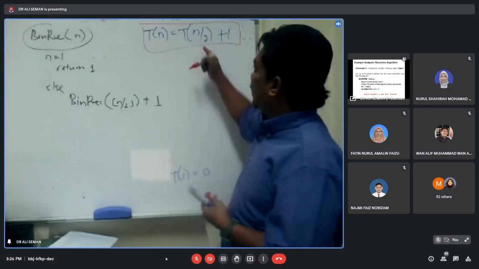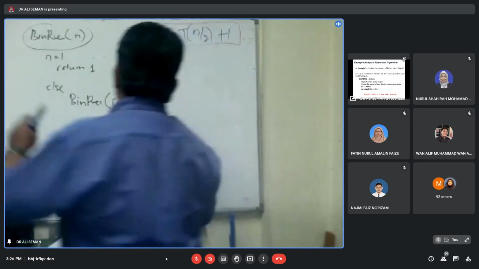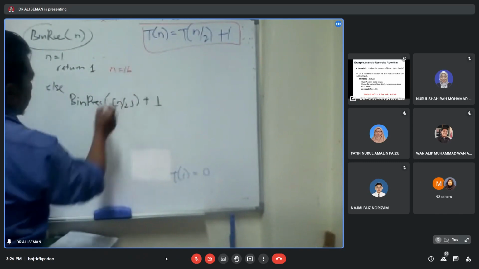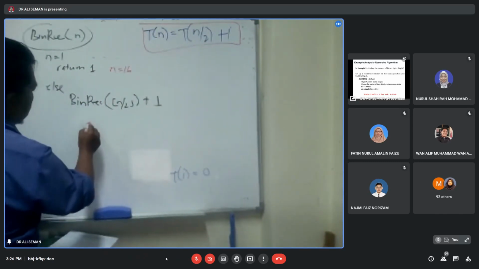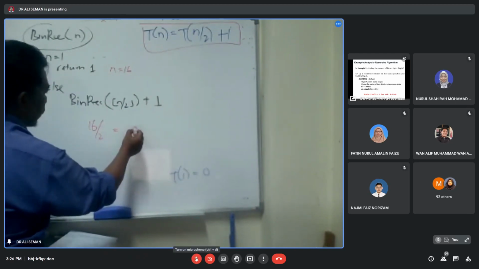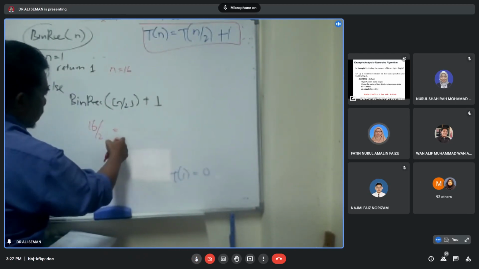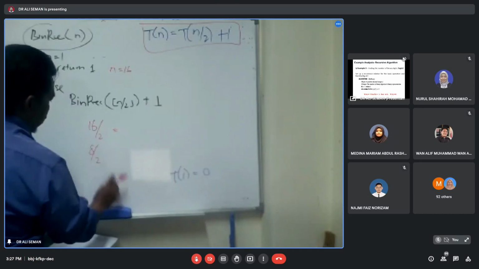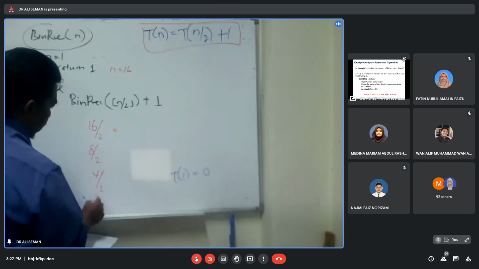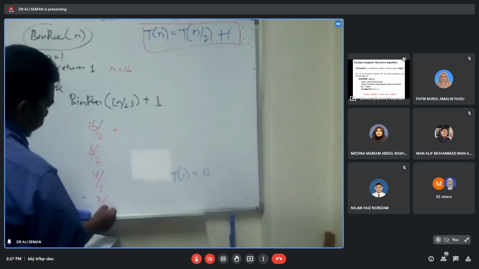Based on the formula here, let's say we have n equal to 16. Look at this. If n equal to 16, 16 divided by 2 equals what? 8. 8 divided by 2, 4, and finally 2, then 1.